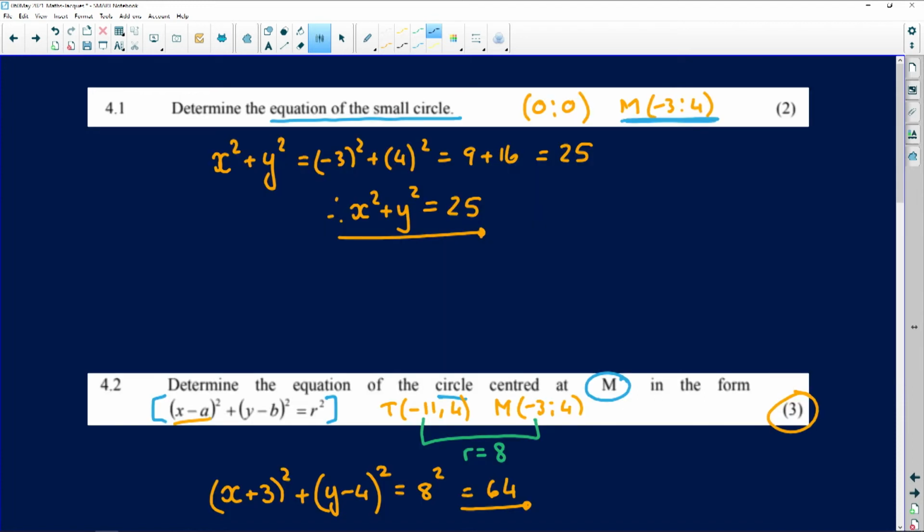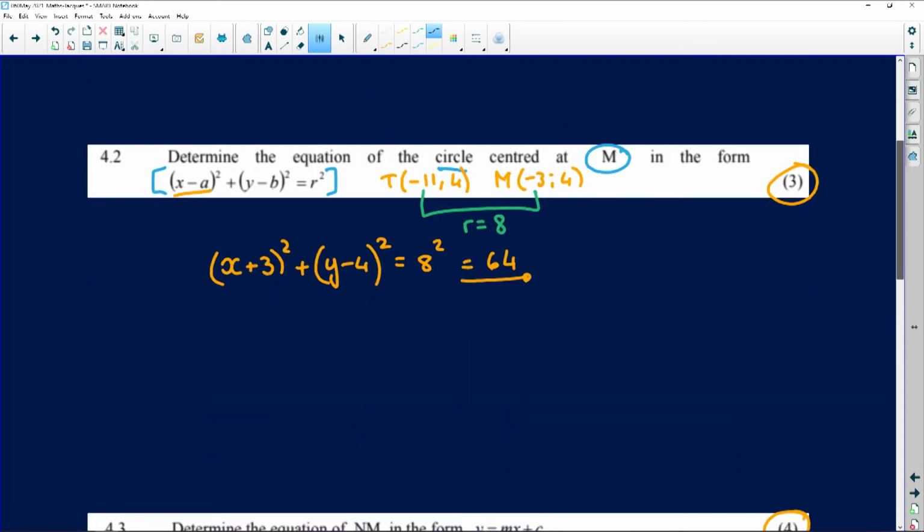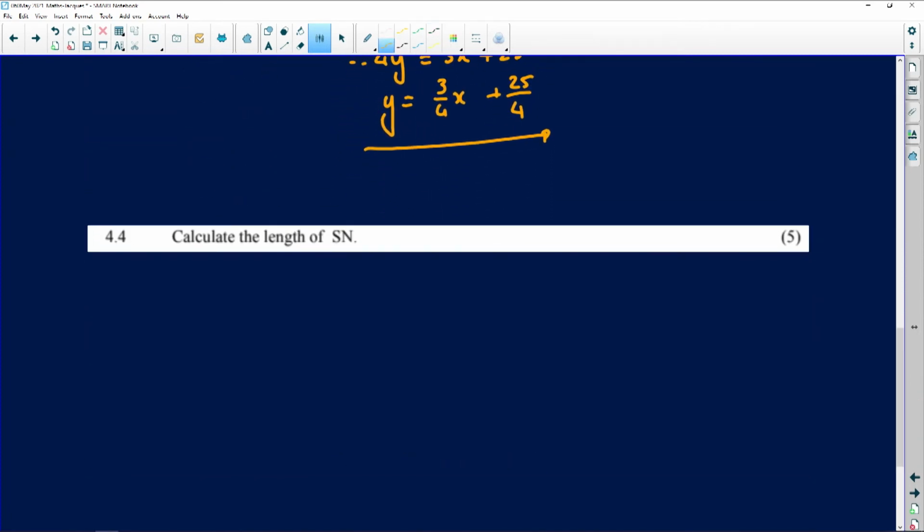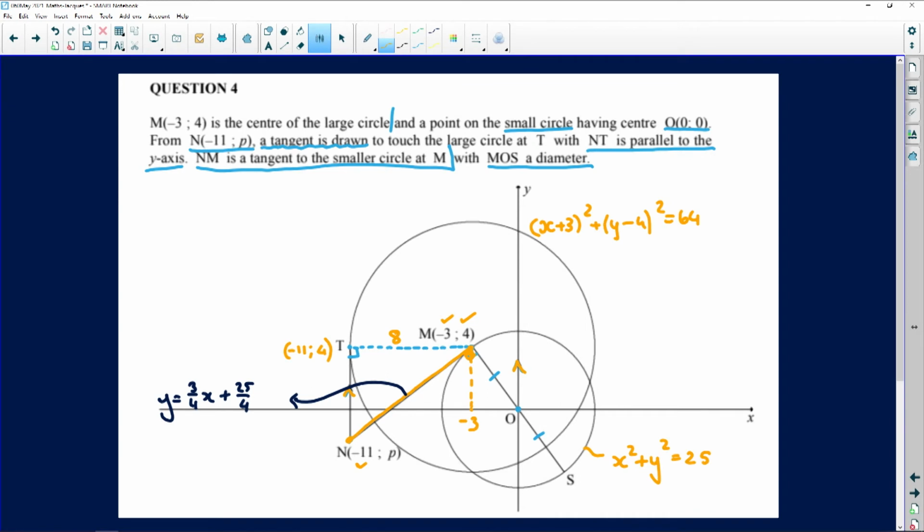They say we need to find the length of SN. Now we've got to go back and check where SN is. S is down here and N is way up here. So we want the length of that line over there that I'm now highlighting.